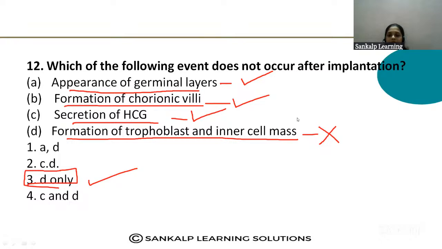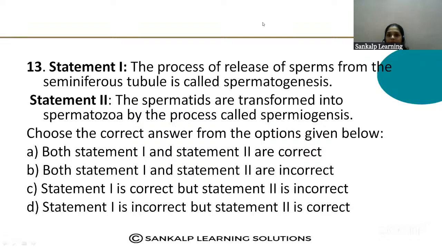13th question. Read the statement properly. Statement 1: The process of release of sperms from the seminiferous tubule is called spermatogenesis. Statement 2: The spermatids are transformed into spermatozoa by the process called spermiogenesis. Choose the correct answer. Which statement is correct, which one is not correct? Tell me the correct answer in the chat box.